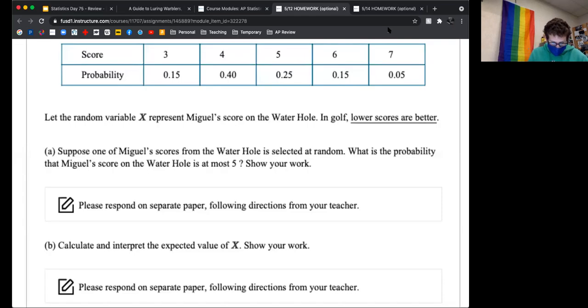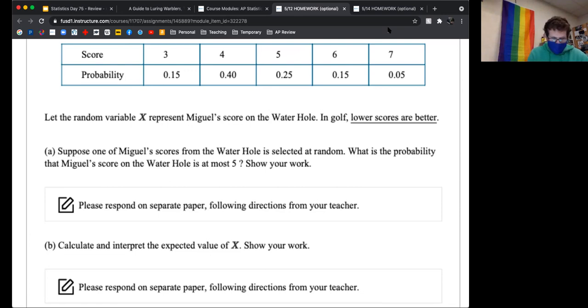So to show our work for part B, I would want to show, and let me double check before I say this definitively, it includes right here on your formula sheet the expected value of a random variable, this formula. So I can use that. You're taking the value times the probability of that value.